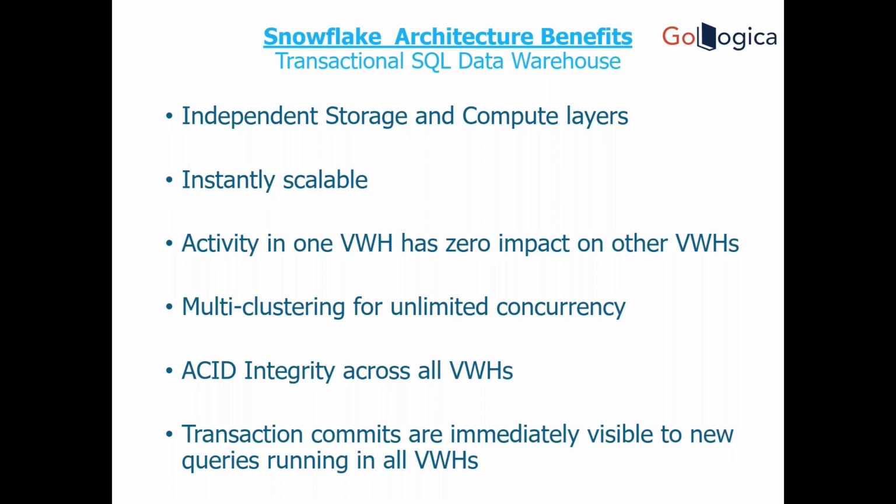That's the thing. So multi-clustering for unlimited concurrency. What do we mean by multi-clustering? Each of these warehouses can have multiple clusters, right? You can have one single cluster. A cluster you can imagine as a computer, right? Like you have a quad core, like that you have octa core. You can just imagine something like that, where you will have multiple clusters together.